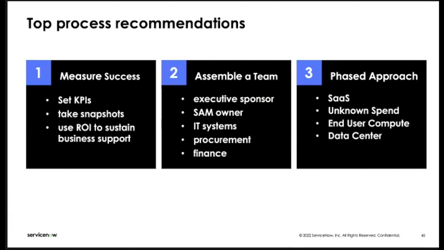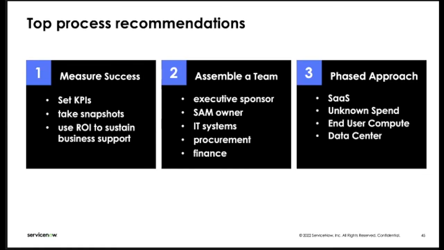Here are some of the best practices we recommend from a SAM process perspective. First one is measure your success: set some KPIs, take some snapshots, and use your ROI to sustain business support. The second, assemble a team: have an executive sponsor, a SAM owner, IT systems, procurement, and maybe finance.